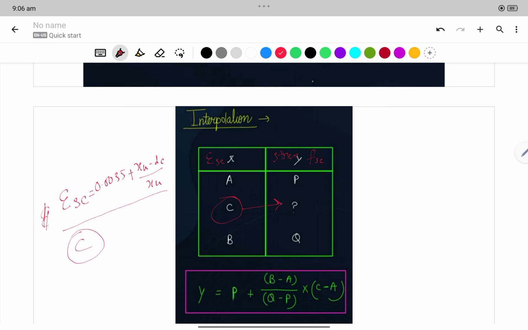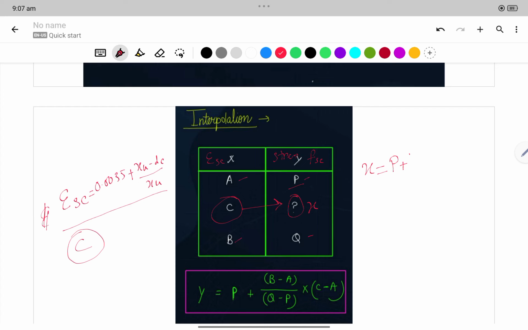How we will do it, let's say this value is X for us. So X is equal to, you see, first this one P plus, now here this value minus this value divided by this value minus this value.